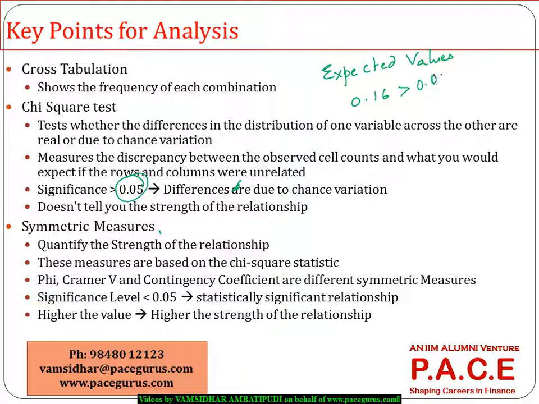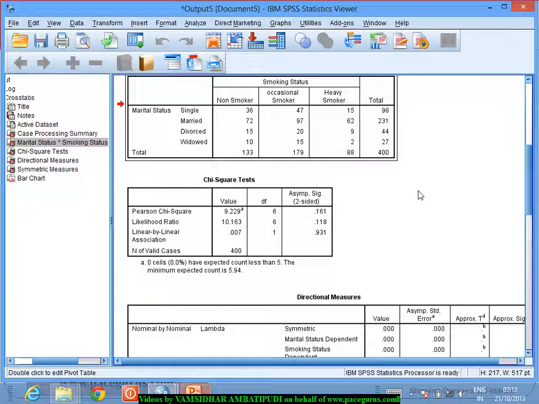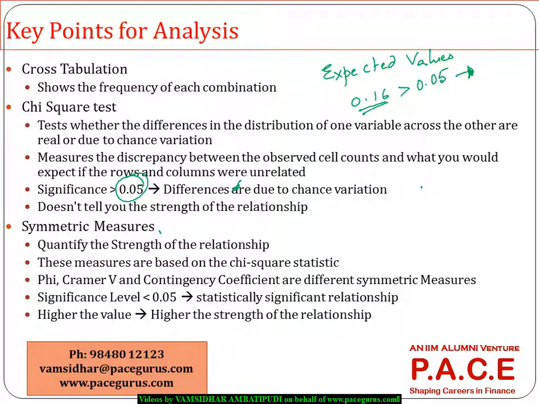If it is greater than 0.05, I can very well ignore the fact that there is a relationship between the two. So if the significance level comes out greater than 5% or greater than 0.05, I can very well say that there is no relationship, which means there is a uniformity.